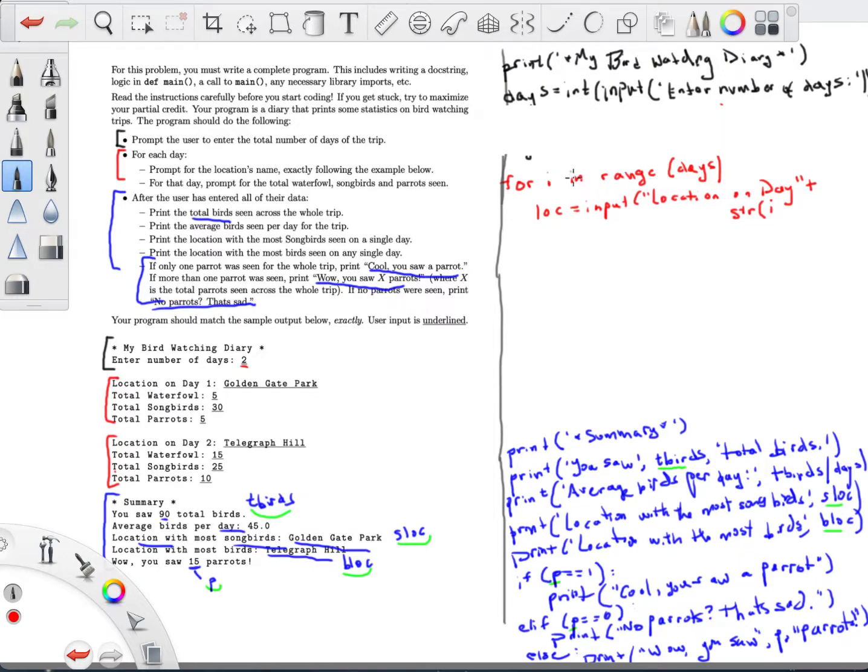This iterator is going to start at 0, and it looks like this is supposed to start at 1. So I'm going to turn it i plus 1, turn that into a string, and then concatenate to the end a colon. That's my fancy input prompt.